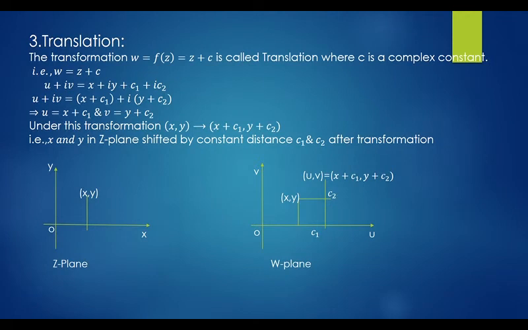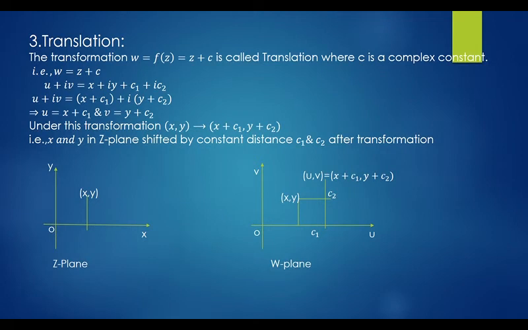We can observe here that in this type of transformation, the point x comma y in the z plane is shifted by constant distances c1 and c2 after the transformation. That means x comma y has changed to x plus c1 and y plus c2, so x is increased by c1 and y is increased by c2.